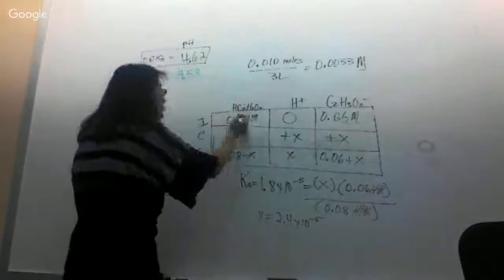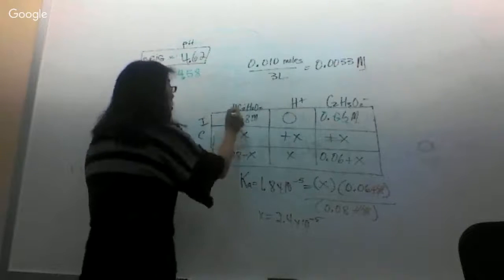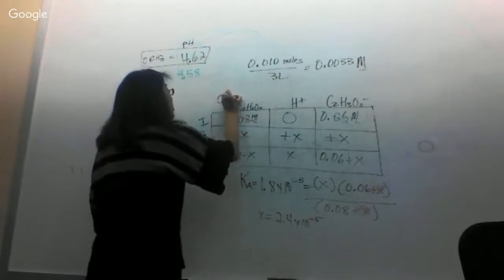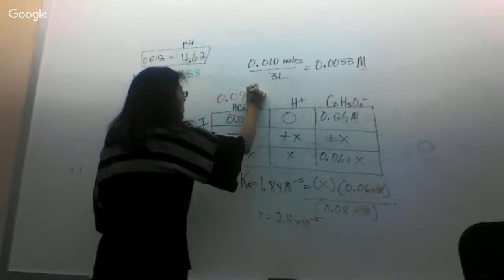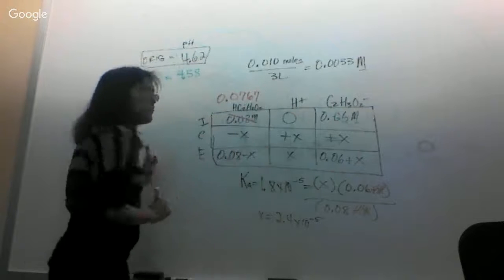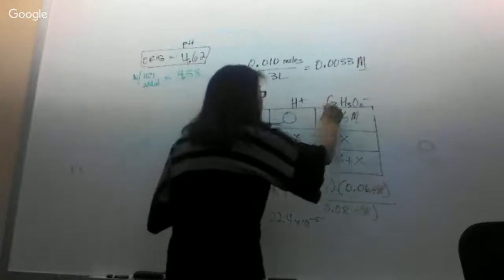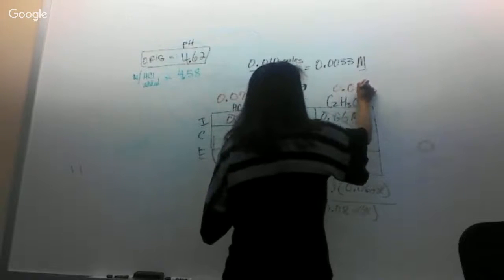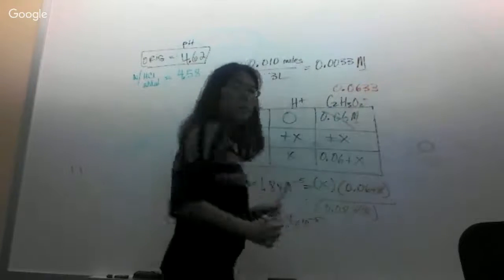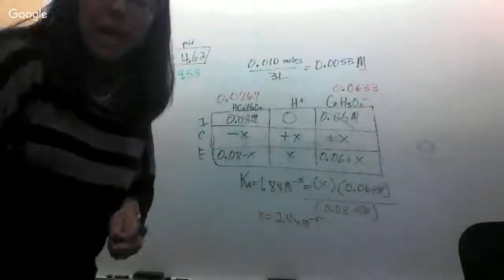So this number is going to go down. Very good. So instead of 008, this is going to be 0.767. And then this number is not going to be 06. This is going to be 0.633.